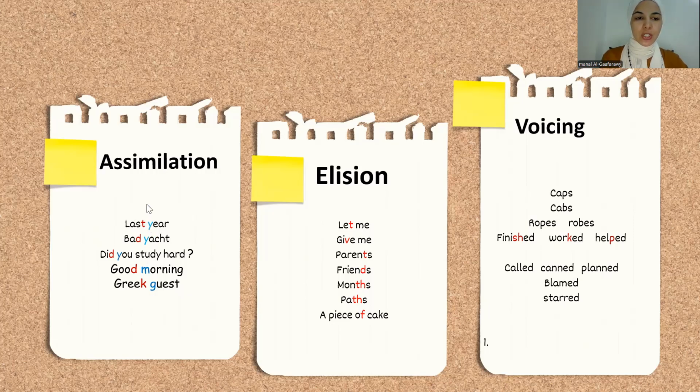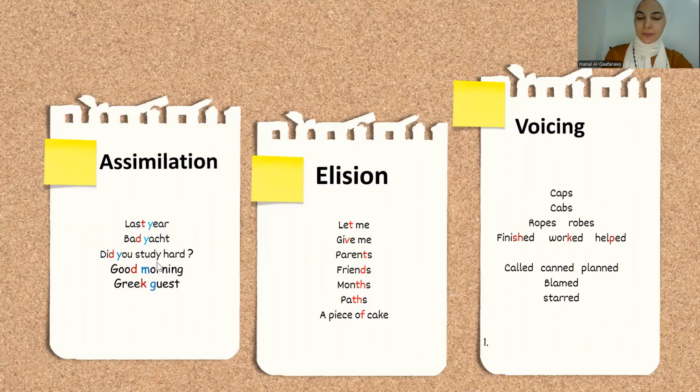So the T changes into ch because of the influence of the y sound at the beginning of the following word. Other examples include bad yacht. In everyday speech, it will be bad jot, bad jot. So the D here changes into j due to the influence of the y consonant.